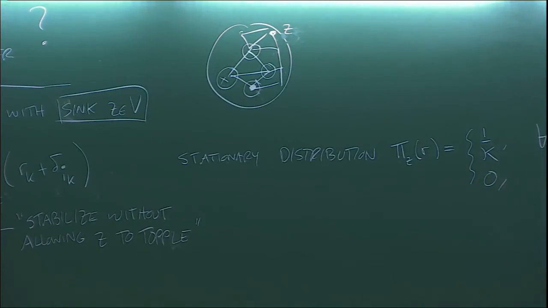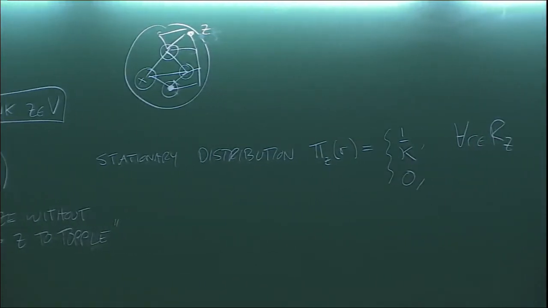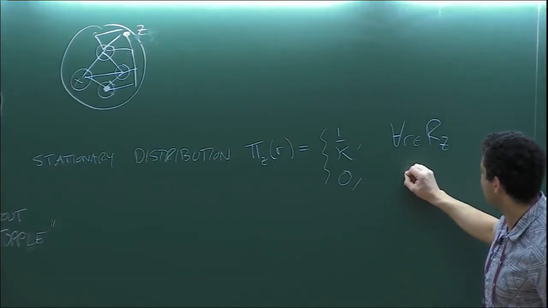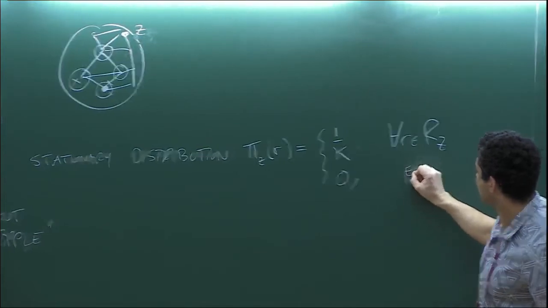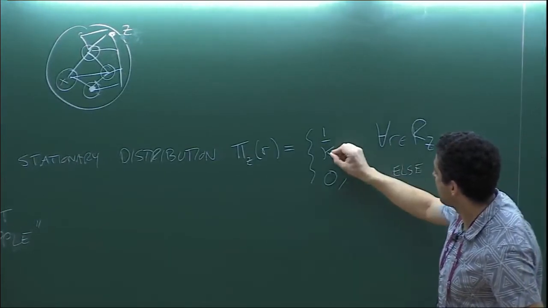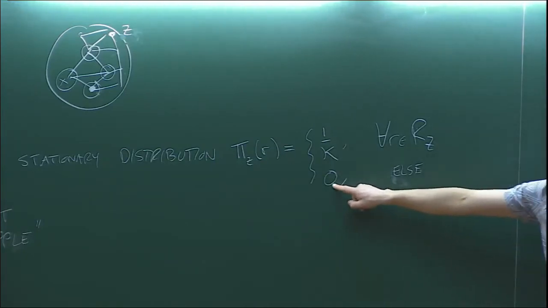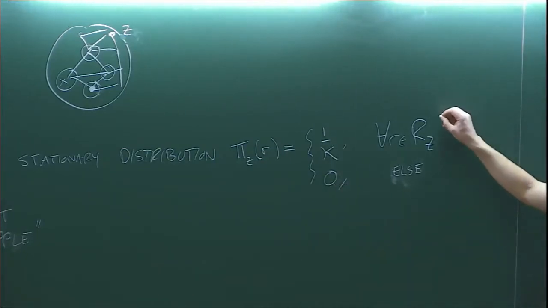Of course, Markov chains have recurrent states, and they can also have transient states, and this one does have some transient states. Those have probability 0 in the stationary distribution.